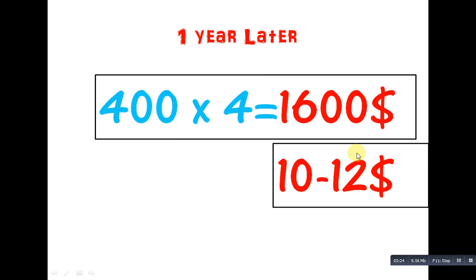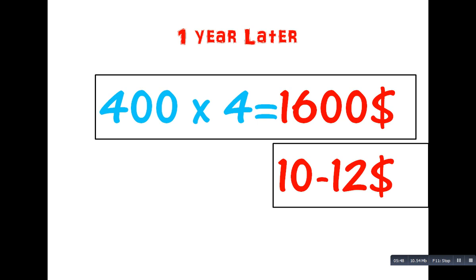So at the end of 1 year, for the four stocks where you had invested your $1,000, you will end up making 400 times 4, where 400 is the stock price and 4 is the quantity of your stocks. You will make approximately $1,600. Additionally, you will also make $10 to $12 in dividend, which we saw on the previous slide.